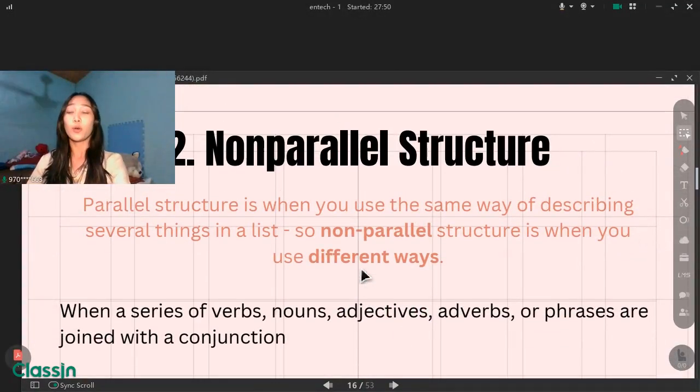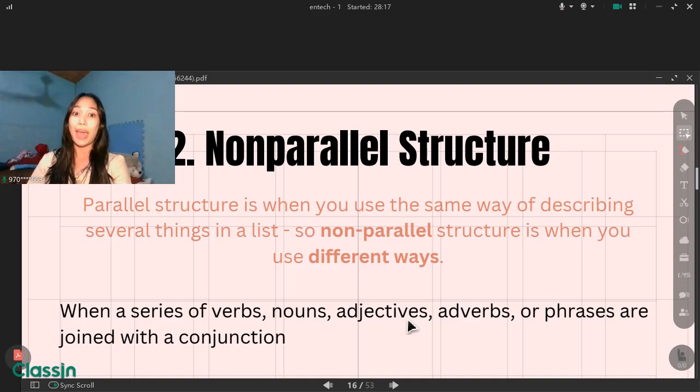When we say parallel structure, it is when you use the same way of describing several things in a list. So non-parallel structure is when you use different ways. Remember that when a series of nouns, verbs, adjectives, adverbs, or phrases are joined with a conjunction, and what again are our conjunctions?